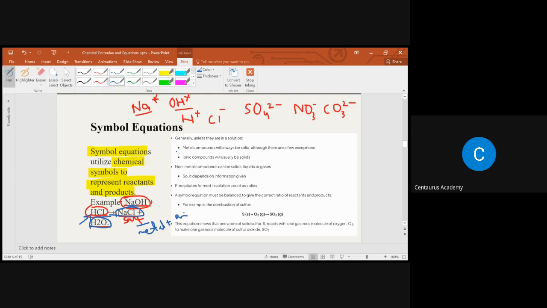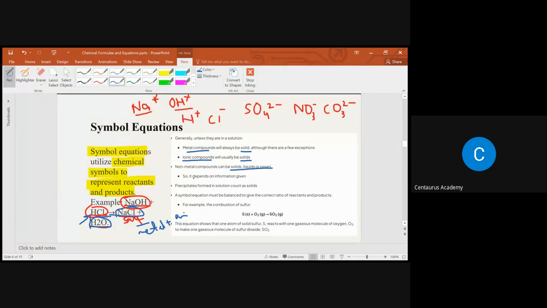You should know that metal compounds are usually solids, except for a few exceptions. Ionic compounds are giant ionic lattices, which also means that they are solids. Generally, non-metal compounds can be solids, liquids, or gases. We will cover this in the periodic table.